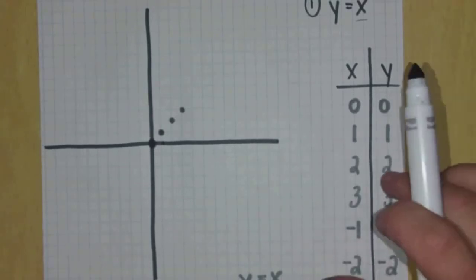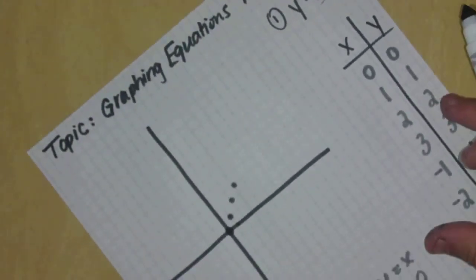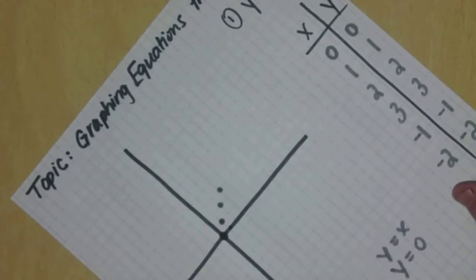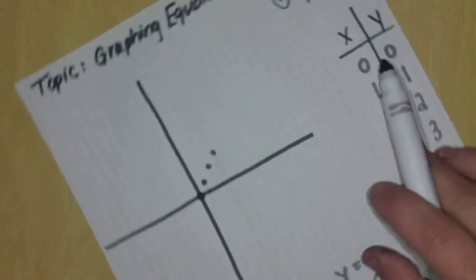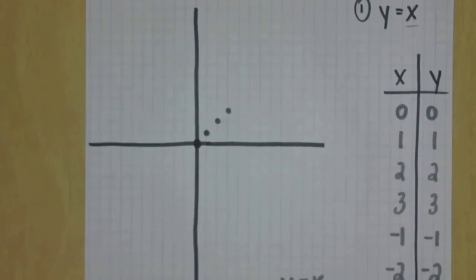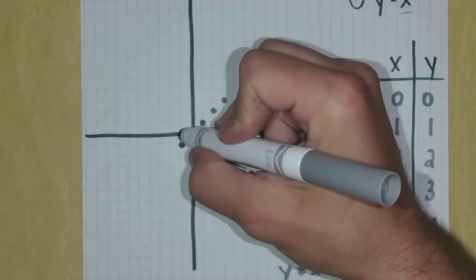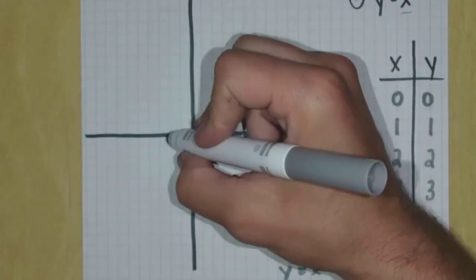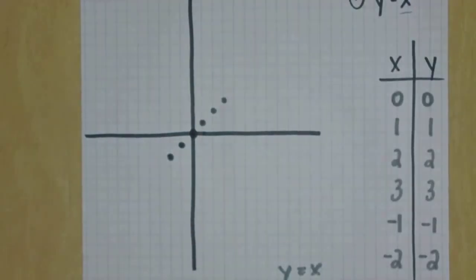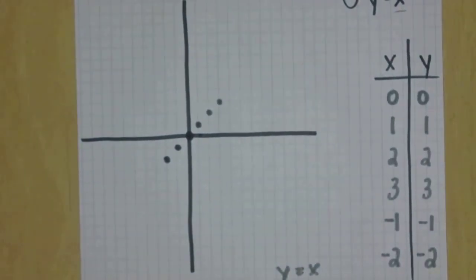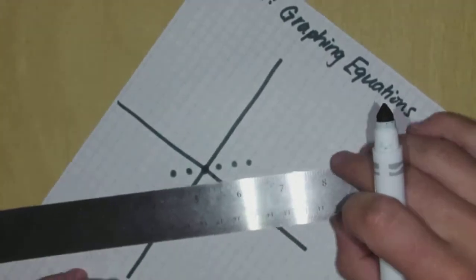If I actually ended up turning my paper on a diagonal, it would create a straight line up and down. And so let's finish graphing these negative points. Negative 1 means I go to the left 1, down 1, and negative 2 to the left 2, down 2. You get that. And if I'm going to use a ruler, you better use a ruler.